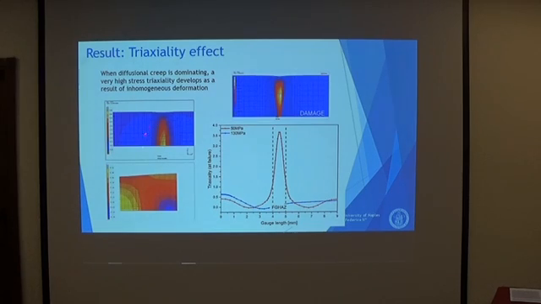It means that the material surrounding the heat affected zone has an effect of constraint, and this graph clarifies this behavior, because in the fine grain heat affected zone you see a very high stress triaxiality, almost 4, like the stress triaxiality at the crack tip of a specimen with a crack.